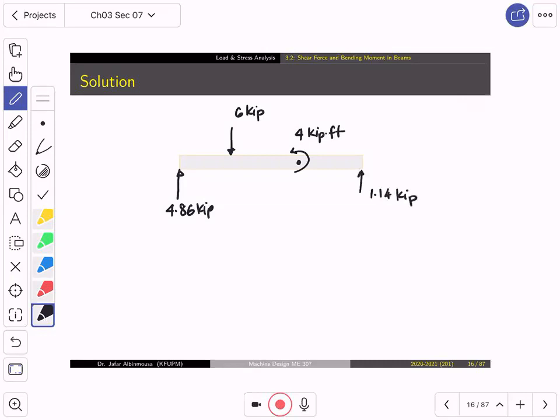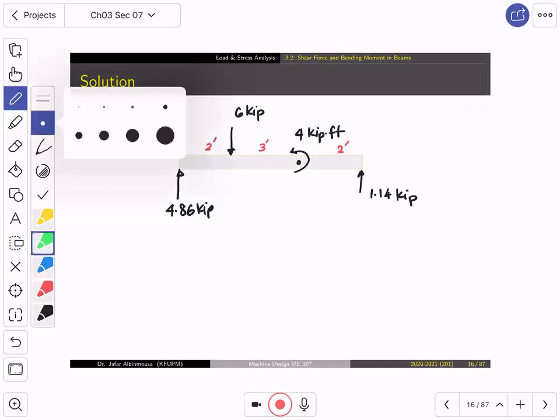What are the distances? This is 2 feet, this is 3 feet, and this is 2 feet again. Good? Yes.